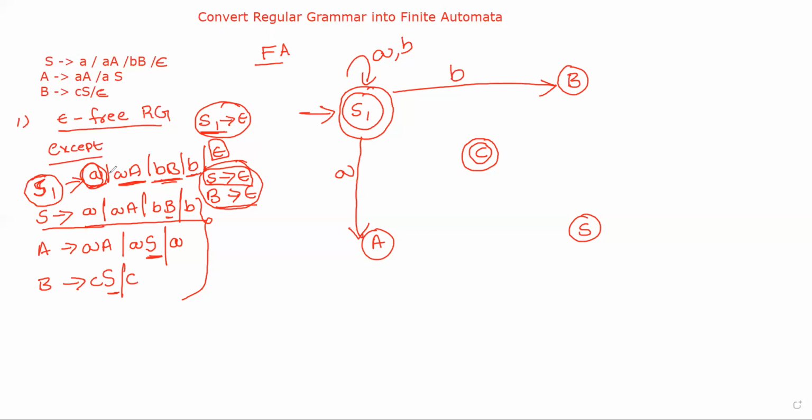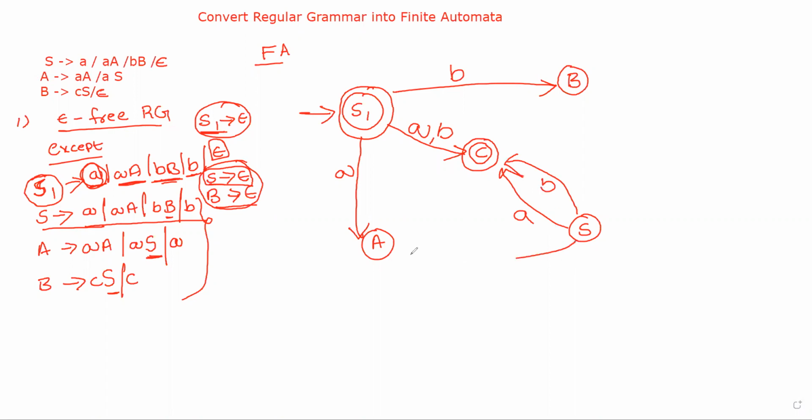So S1 tends to A is moved to this new final state. Similarly, S1 tends to B is also moved to the new final state. You got it? Only S1 tends to epsilon makes S1 another final state. Similarly, S tends to A, it also goes to C. S tends to B.